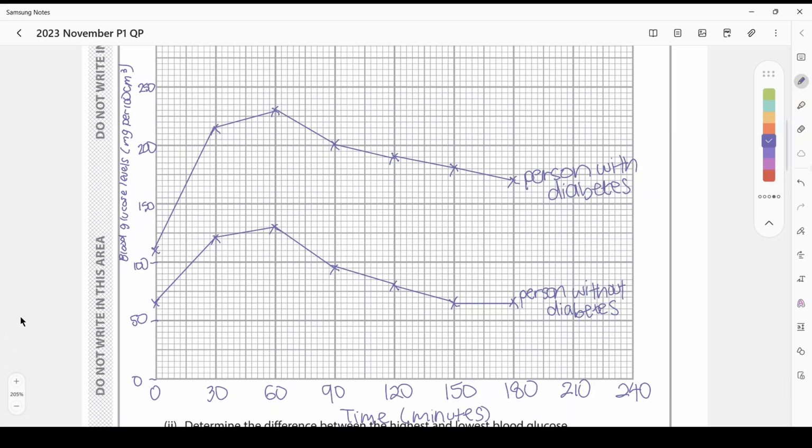Okay, let's scroll up again. Okay, so you can see that for the person without diabetes, they started here and they ended here at 150 minutes. Whereas for the person with diabetes, they started here, but they still have not reached the baseline blood glucose that they had in the beginning of the experiment.